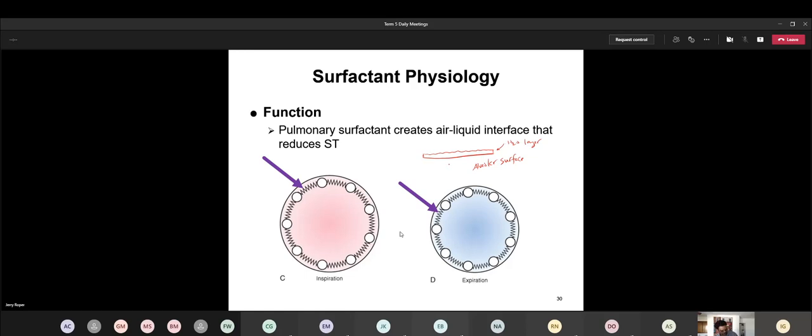And then for the surfactant, let's do this. So of course, with the surfactant, the hydrophilic end is going to be attracted to the water.